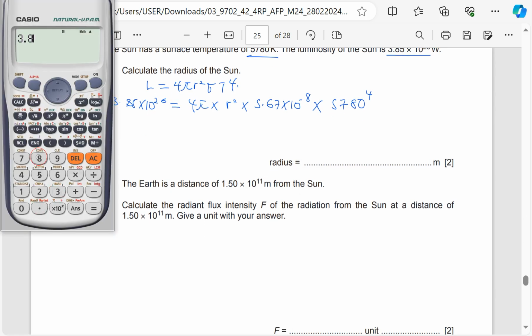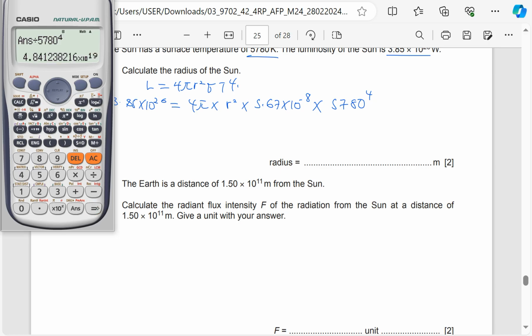So 3.85 exponent 28, divide by 4 pi, then divide by 5.67 exponent minus 8, then divide by 5780 power 4.